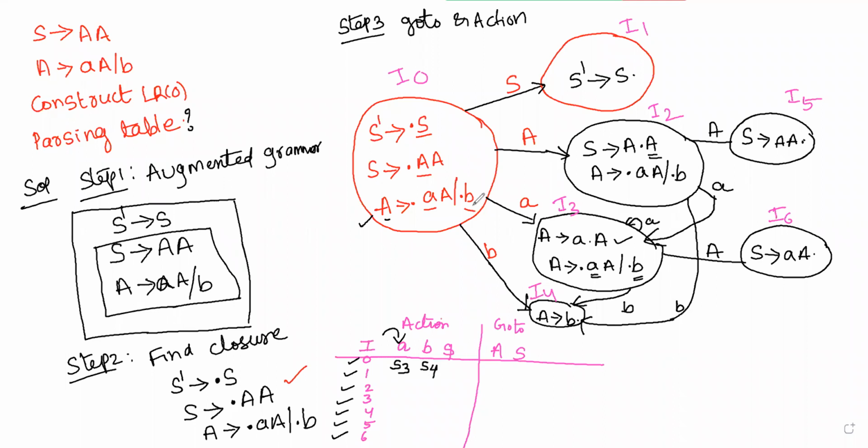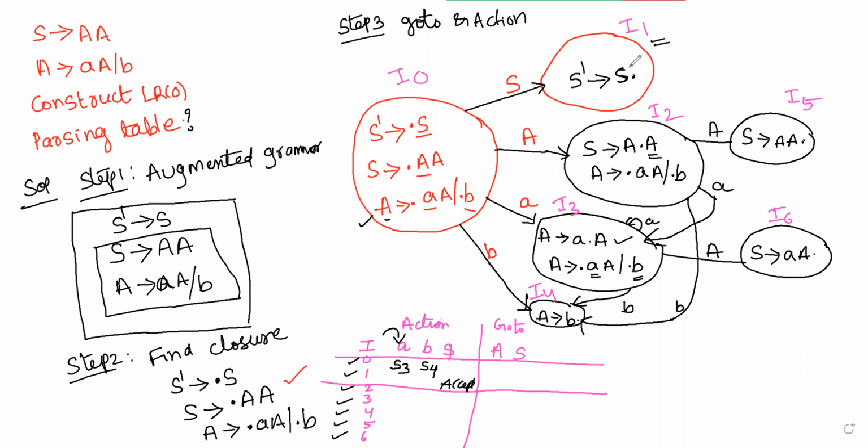Now what can we write? Remember the important point here: I1 has the final state, the final value S' tends to S dot. So this is called accept.